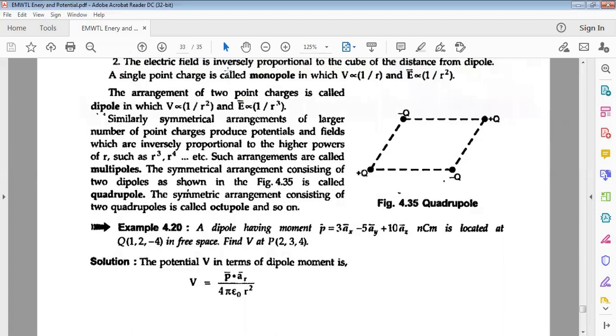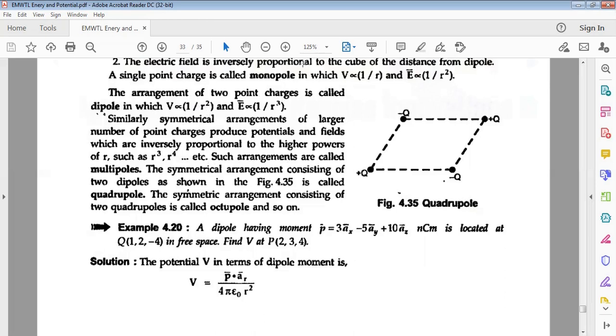Similarly, symmetrical arrangements of a large number of point charges produce a potential and fields which are inversely proportional to higher powers of R, such as R cube and R power 4. Such arrangements are called multipoles. Monopole: 1 by R and 1 by R square; dipole: 1 by R square and 1 by R cube; the next stage: 1 by R cube and 1 by R power 4, and so on.